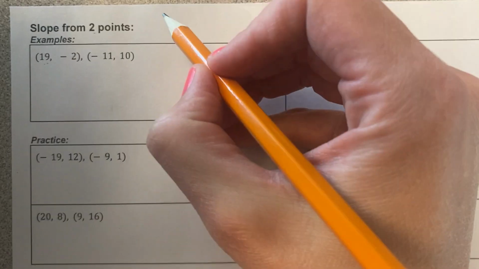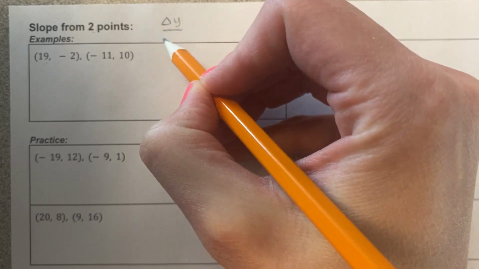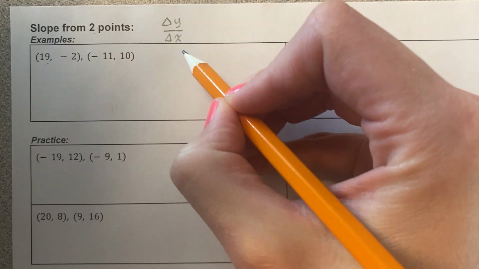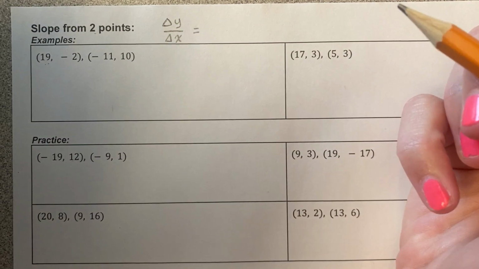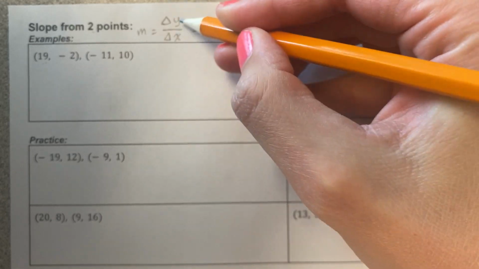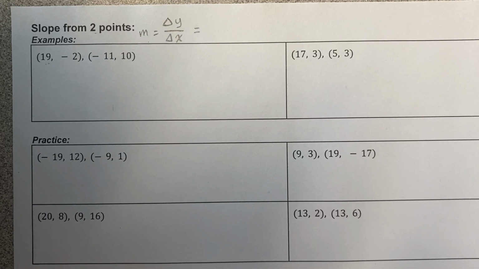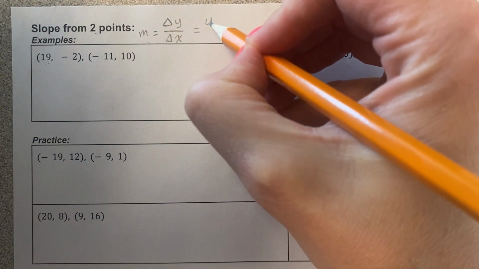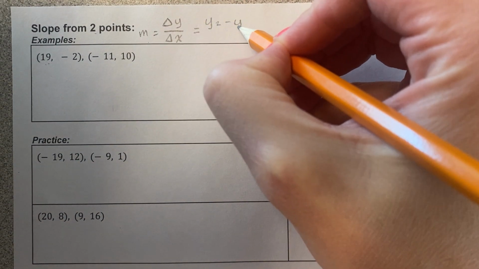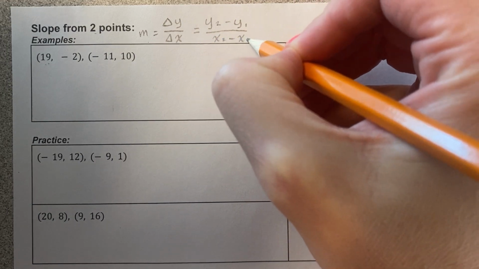We can either use this idea of change in y over change in x, okay? And that's actually the same thing as the slope formula, right? So our slope, our m, equals the change in y over the change in x. And the way that we can also look at this is using the slope formula, y2 minus y1 over x2 minus x1.